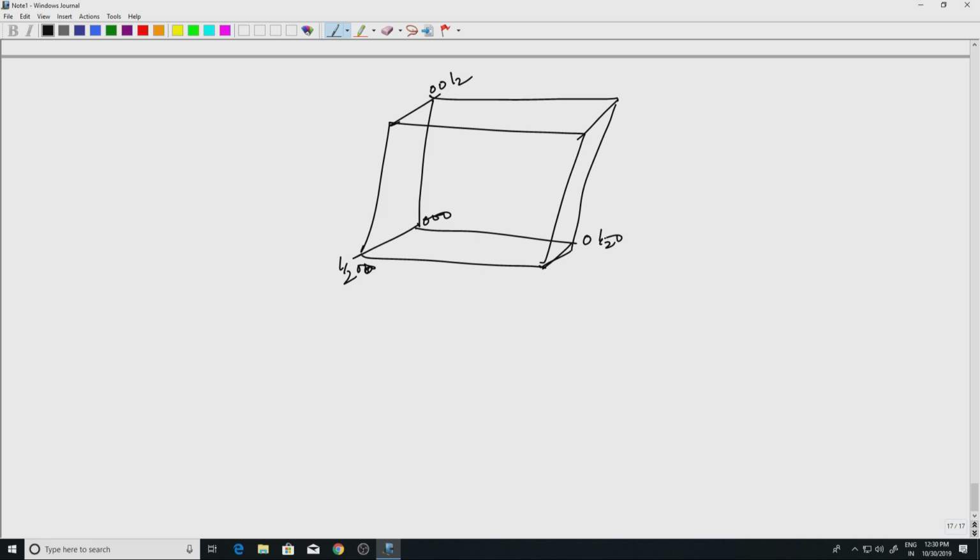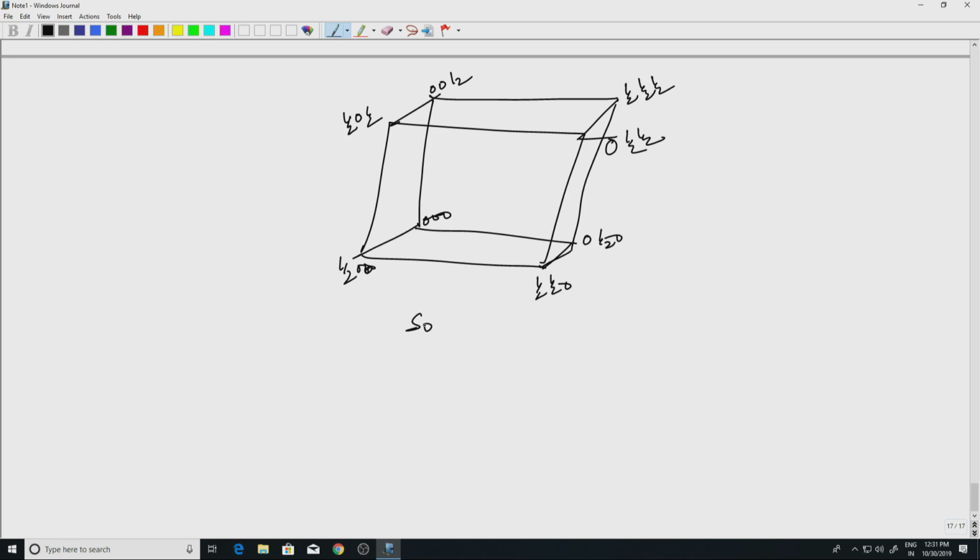This is half and this is half, so half half 0. So this is half and this is half, 0 half, and this is a half, a 0, b half, c half.